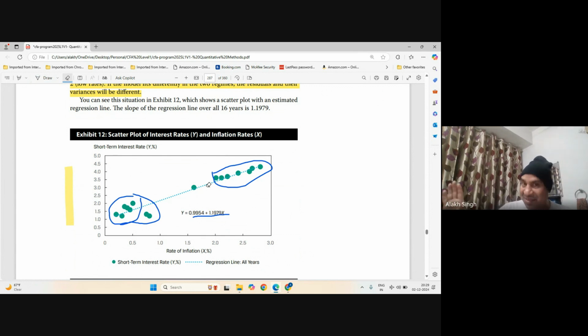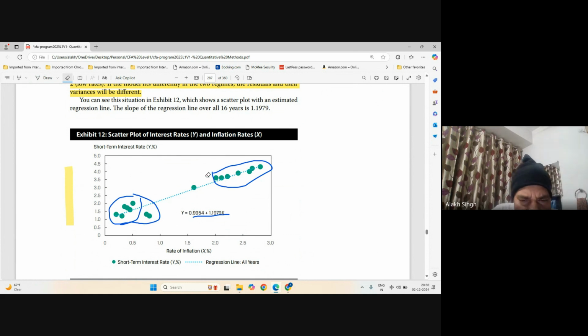It will not be exactly 10. If it is 10.5 or 9.75, it is still considered equal variance. Statistically variance should be equal, not numerically, or the difference should not be significant.